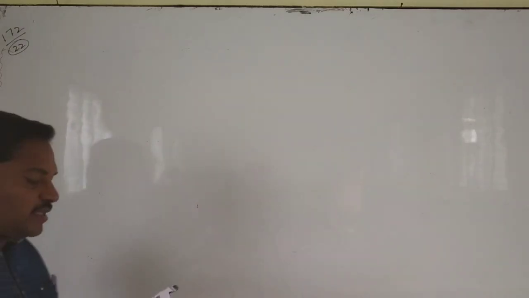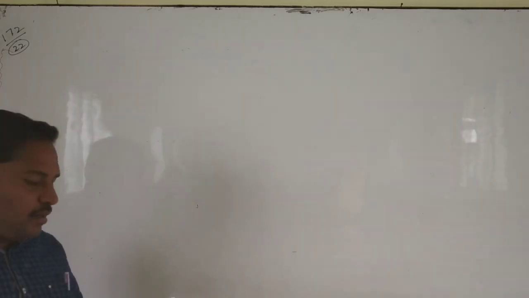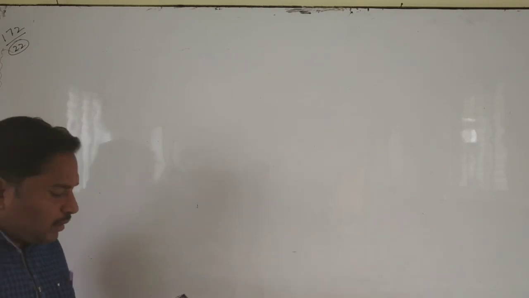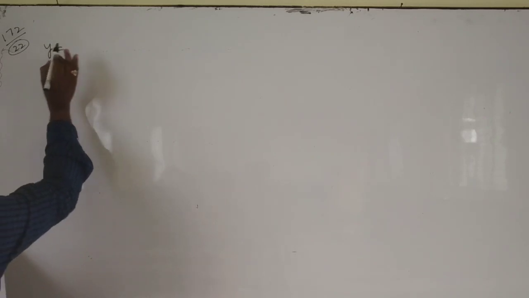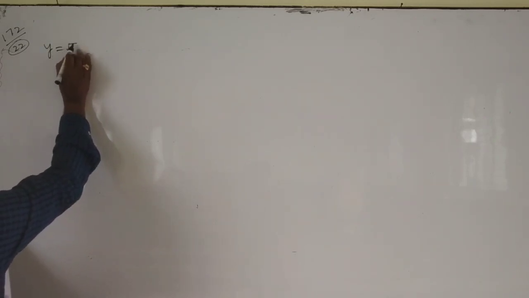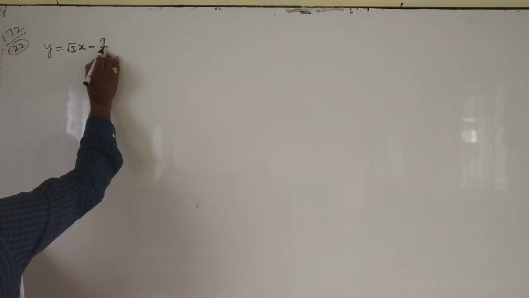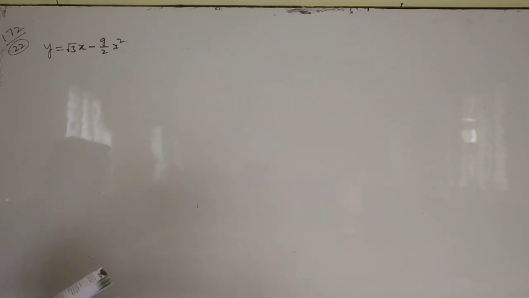The question is given: a particle is projected in the xy plane from the origin. The equation is given: y equal to root 3 x minus g by 2 into x square. Then find the speed of projection. We have to find the speed.